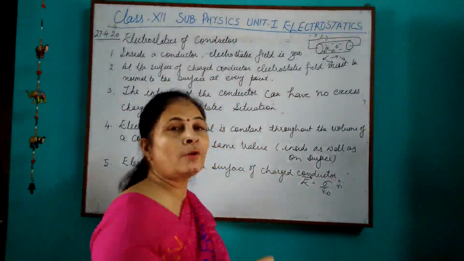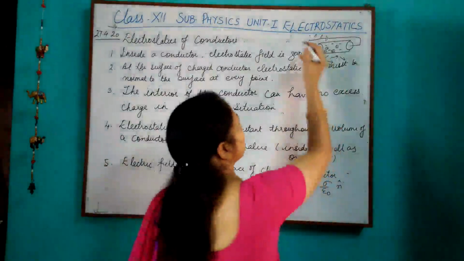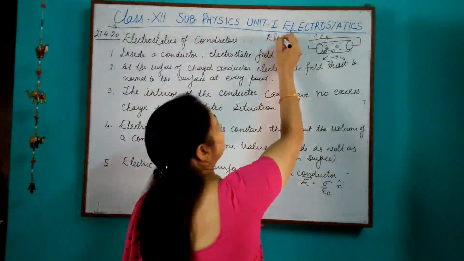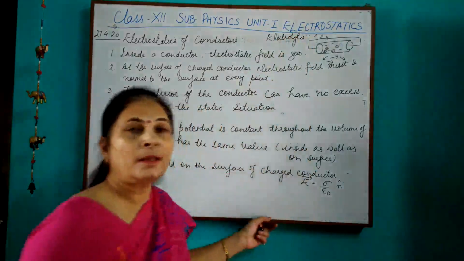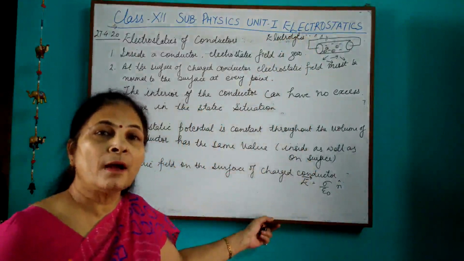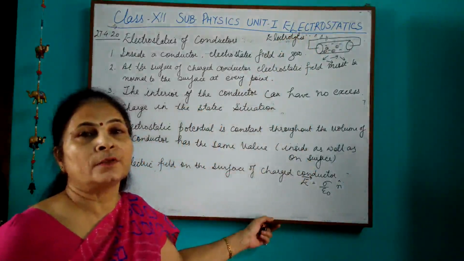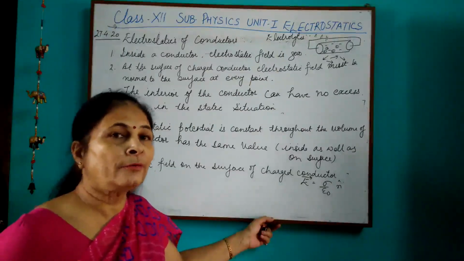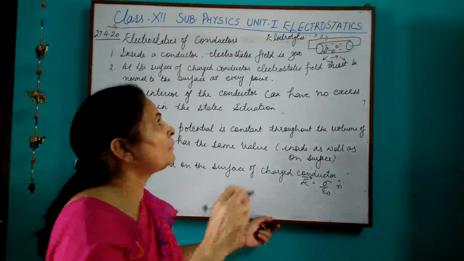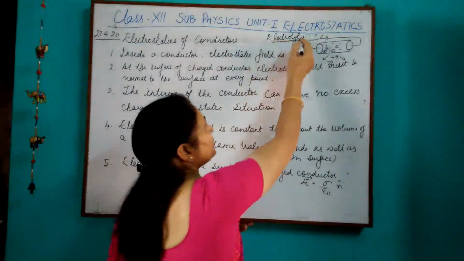Now in case of liquids or electrolytes, it is the positive and negative ions of the electrolyte which will move and be responsible for conduction of current. We are not going to talk about electrolytes as main.